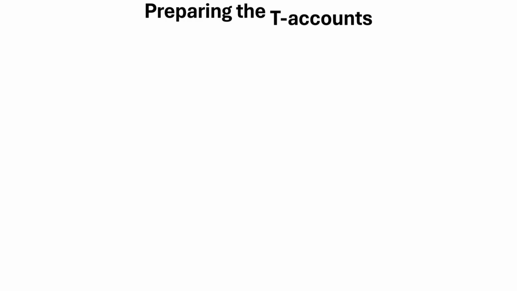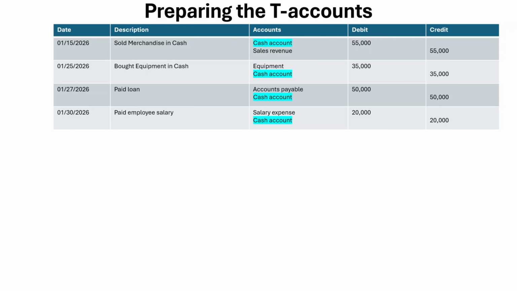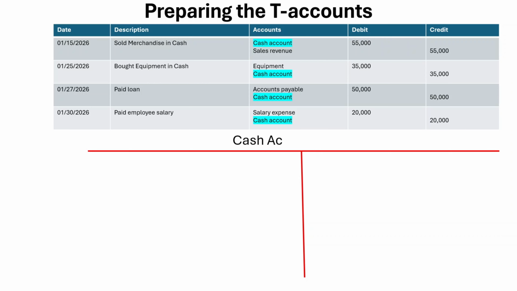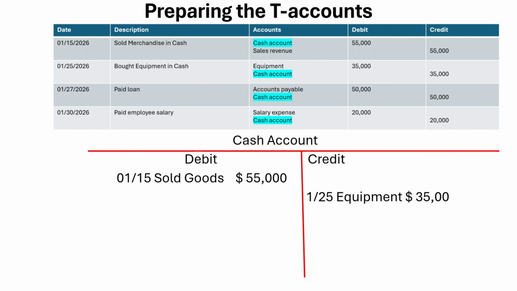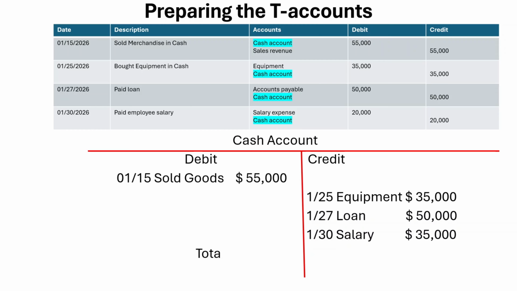Now let us look at another set of transactions and the example in the T accounts. Let's look at these four transactions that affected the cash account. We have the cash T account, where we have the debit and the credit side. On 15th of January, goods were sold for 55,000. On the credit side, equipment for 35,000 was bought, a loan was paid for 50,000, and the salary was paid for 35,000.